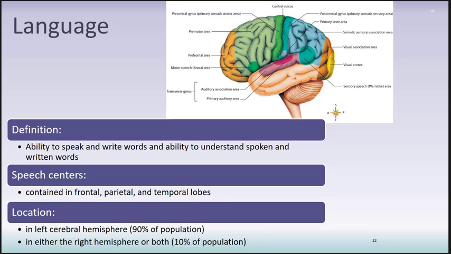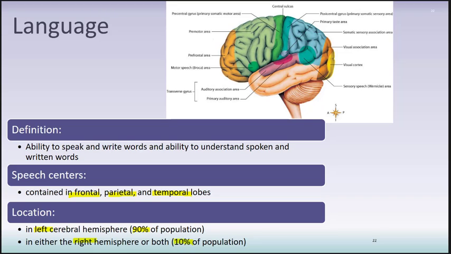Now on to language. Language functions consist of a person's ability to speak and write words, as well as their ability to understand spoken and written words. Speech centers are located in 3 lobes of the cerebrum: the frontal lobe, the parietal lobe, and the temporal lobes. The language centers of the brain are located in the left cerebral hemisphere in the majority of the population. So we have 90% here in the left, and then in the right hemisphere for the remainder of the population.